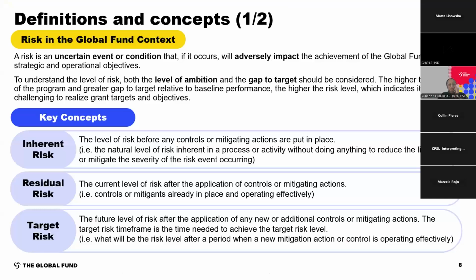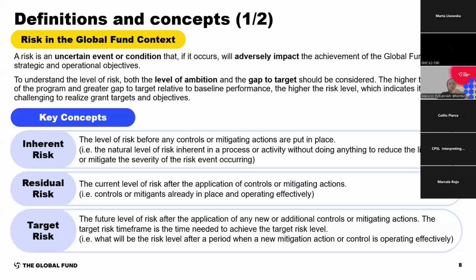So one of the definitions of risk in the Cambridge Dictionary is the chance that an investment will lose value. So it's an uncertain event or condition that, if it occurs, will negatively impact the achievement of the program or project strategic and operational objectives. And if we apply this definition to the grant, the risk relates to uncertainty in achieving grant outcomes and ultimately uncertainty in achieving the overall mission of the Global Fund.